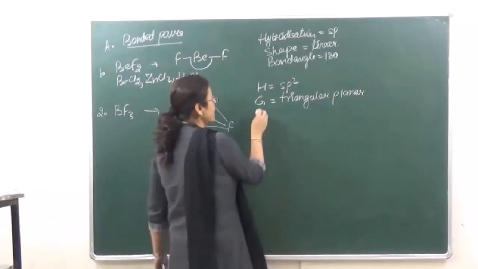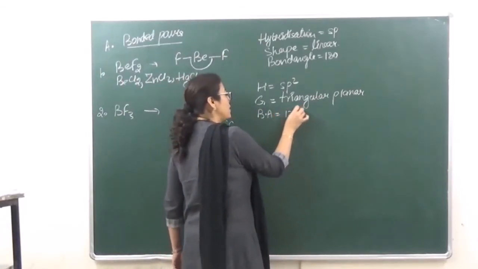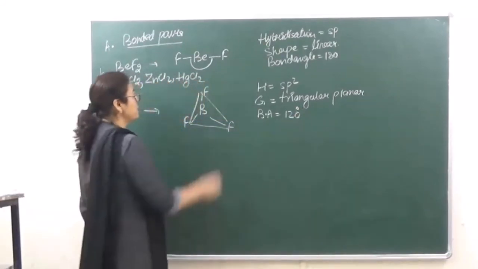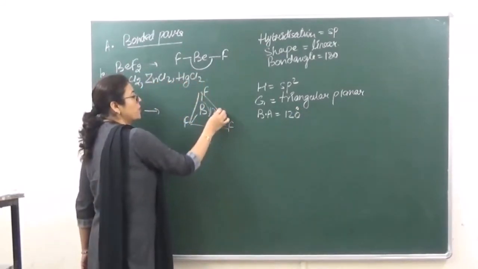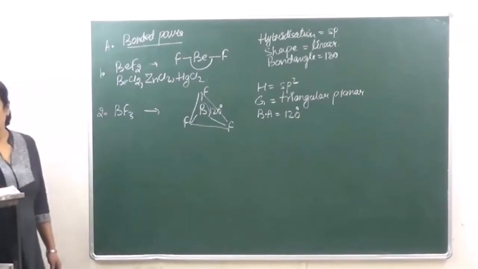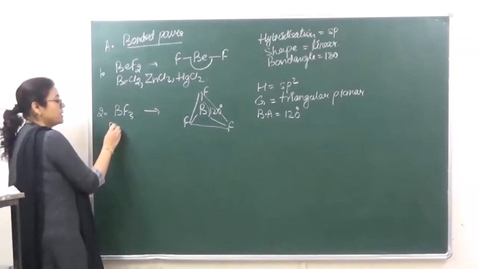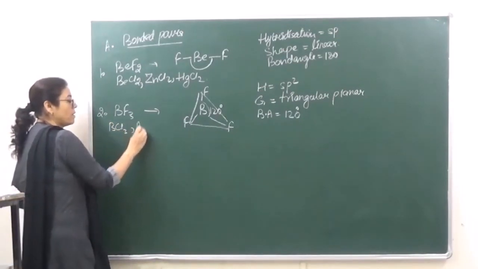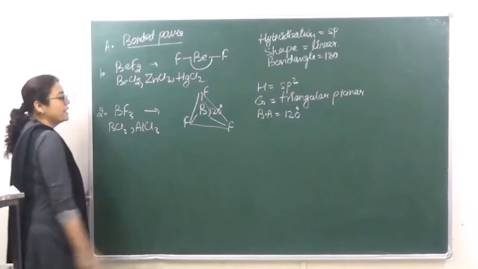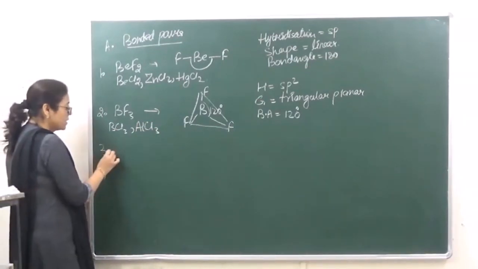And the bond angle is going to be 120 degrees. So this is the bond angle over here, which is 120 degrees. Right? Other examples of this type are BCl3 and AlCl3. Okay?